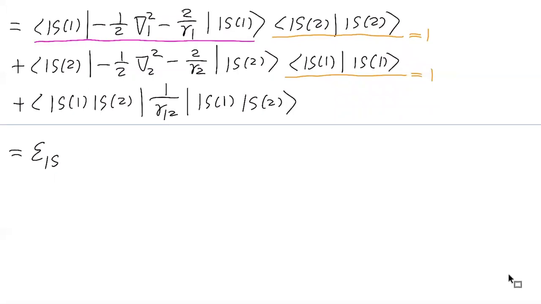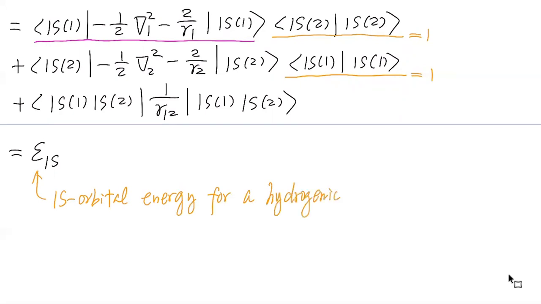So this is the 1s orbital energy for a hydrogenic atom with the nuclear charge 2.